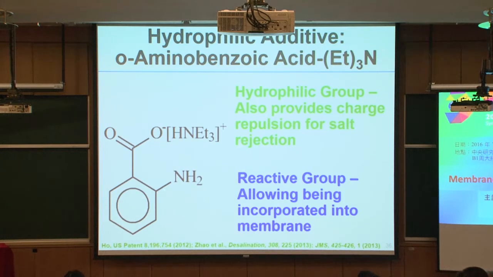One of the groups represented here also contains the amino group, and also a carboxylic acid group, but because of a reaction, we have neutralized this with triethylamine. So these carry a negative charge, and are also very hydrophilic. So these are all hydrophilic additives that also provide charge rejection for salt, which is charge repulsion. And this amino group allows us to incorporate this compound onto the membrane.